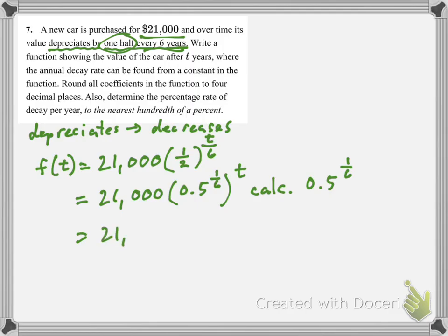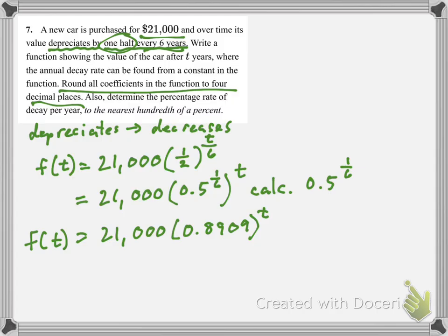And when I do that, I get 0.8909 to the t power. And again, I'm rounding to 4 decimal places. So you're going to get a ton of numbers in Desmos, but you're only rounding to 4 decimal places. So here's our function.